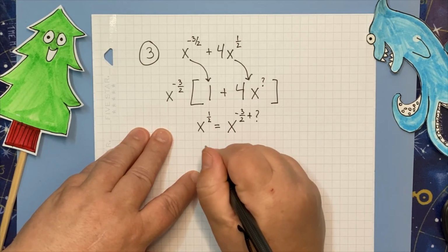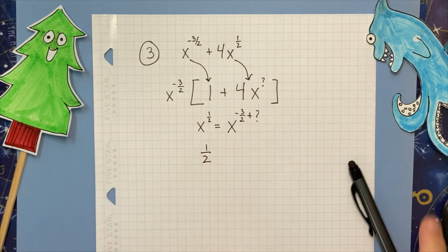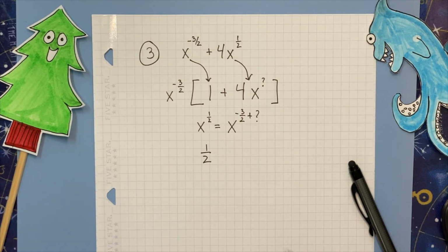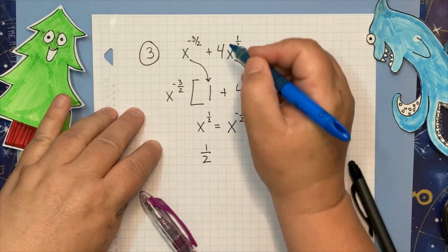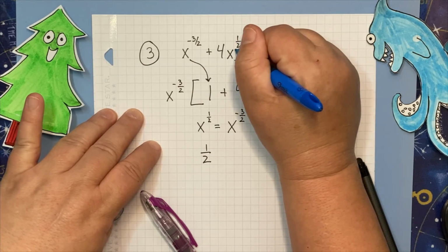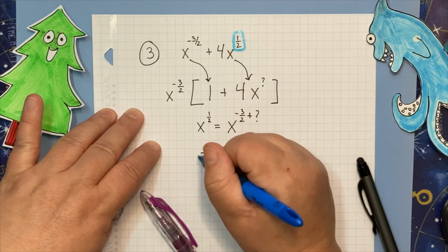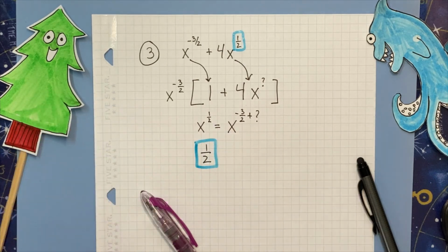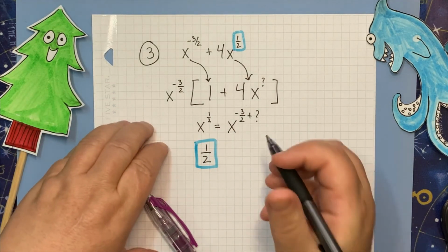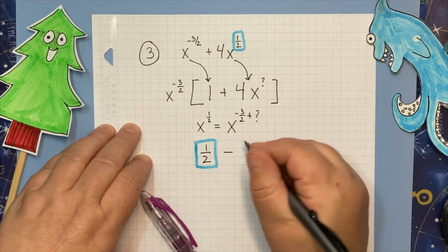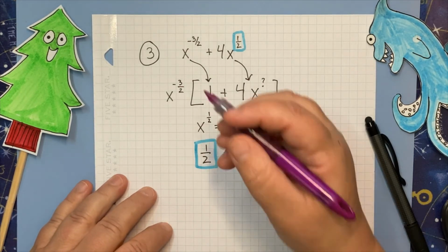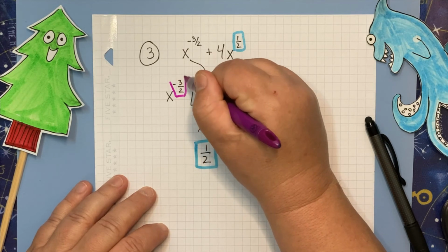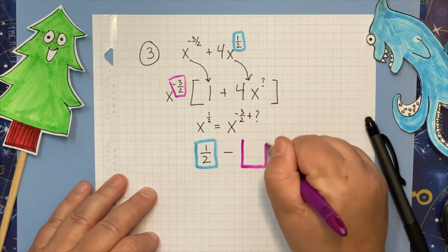So I'm going to take 1/2, the number. We're going to start with this number, and then I subtract the thing I want to factor out.